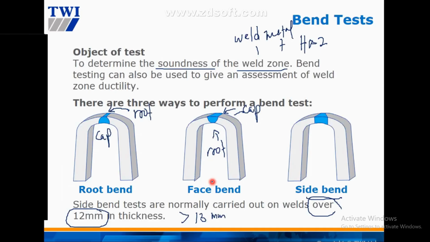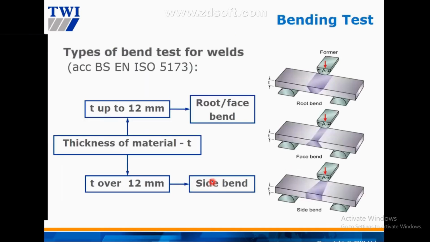Careful with the terms, don't confuse. Up to 12, root and face. Over 12, meaning more than 13 mm, then side bend must be carried out.